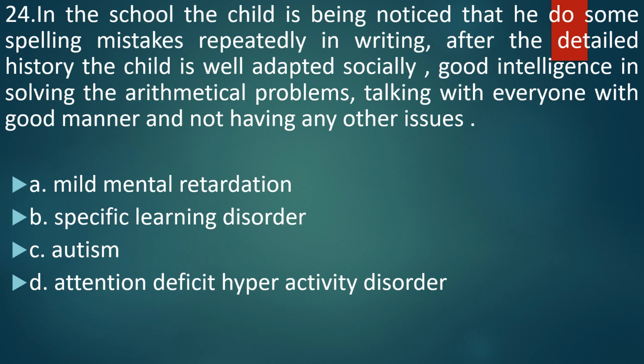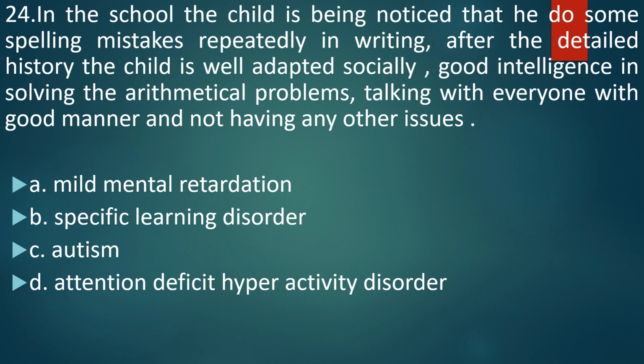Next question. In the school, the child is noticed to make spelling mistakes repeatedly in writing. After the detailed history, the child is well adapted socially, has good intelligence in solving arithmetic problems, talks with everyone with good manner and has no other issues.